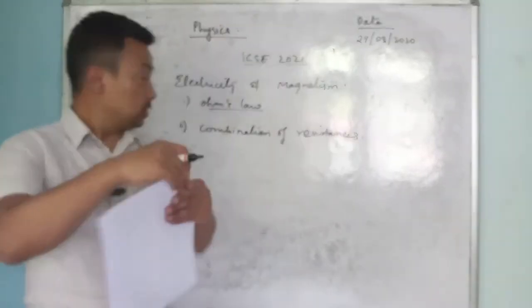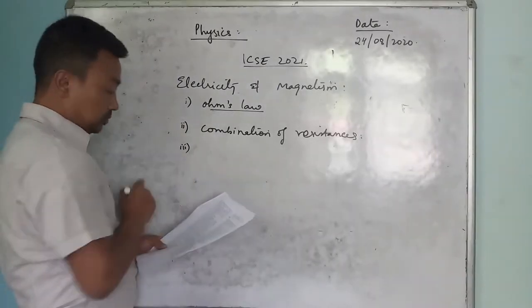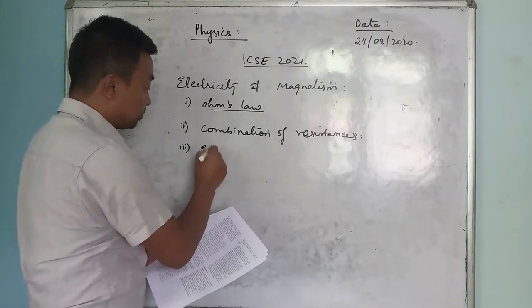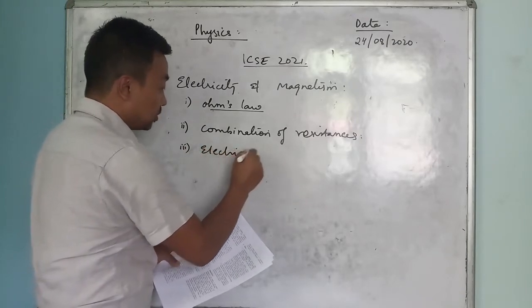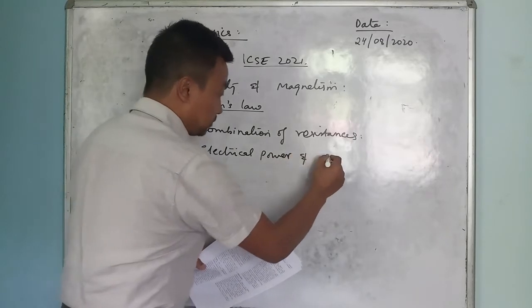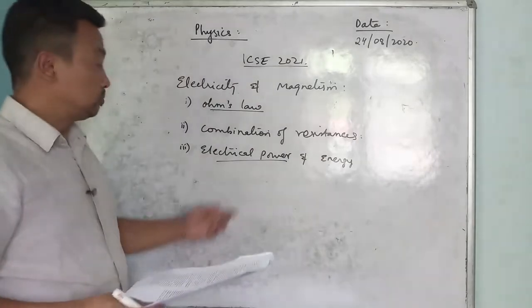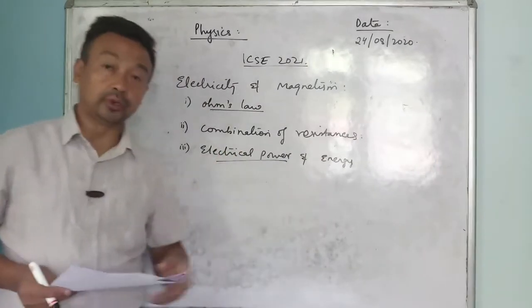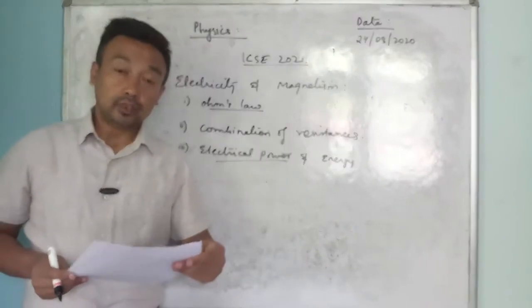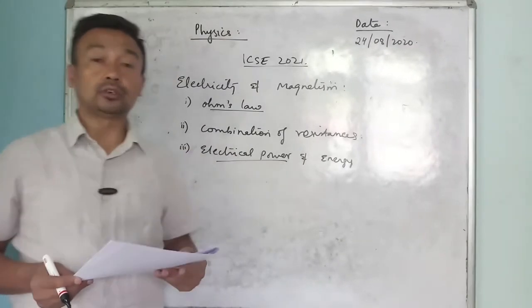Then another topic you have is electrical power, and you also have electrical energy. Electrical power is the power that is consumed in our day-to-day activities when we use different electrical appliances.